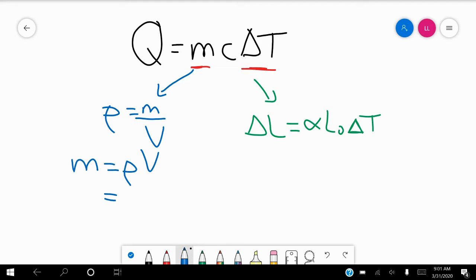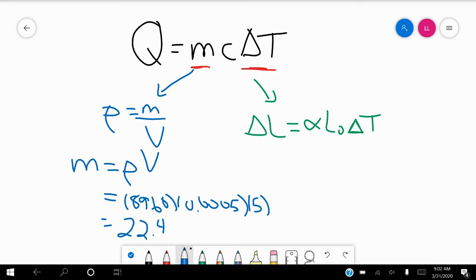It gives us the density of the copper, which is 8,960. It also gives us the volume. It tells us that it has an area of 0.005 with a length of 5, which tells us that the mass of this copper is 22.4 kilograms.